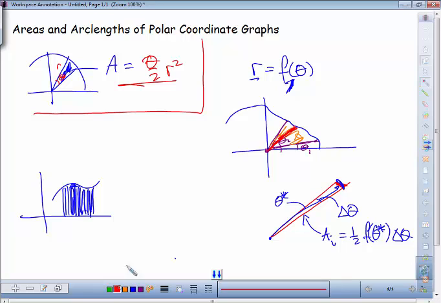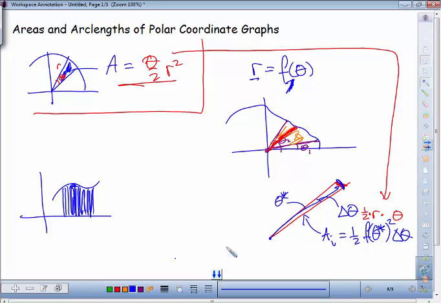This comes directly from the formula where we have r and theta and the 1/2. Oh, yeah, that has to be squared. Now this is one small slice, and we're going to add up a whole bunch of them. When we add them up, this right-hand side becomes a Riemann sum, which then becomes an integral if we take it to the limit.